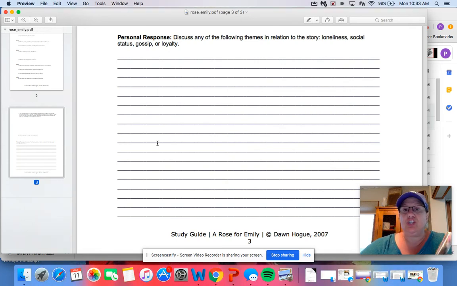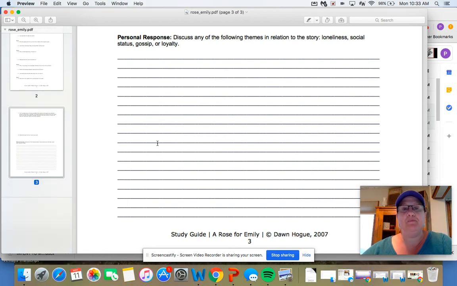So you can choose loneliness, social status, gossip, or loyalty, because those are all central themes that run through this story. And you need to write about it, or multiple ones, how the theme relates to the story in that last question there. And I expect you to fill up the space.